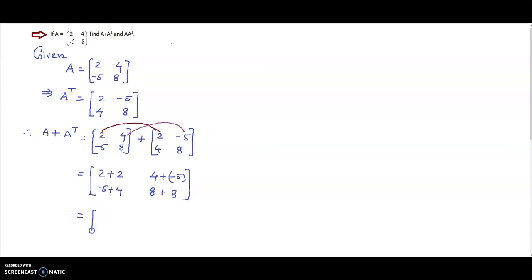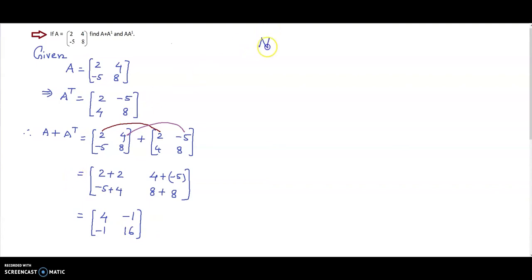So let us write down the sum. 2 plus 2 is 4, 4 minus 5 is minus 1, minus 5 plus 4 is minus 1, 8 plus 8 is 16. So this is the value of A plus A transpose.